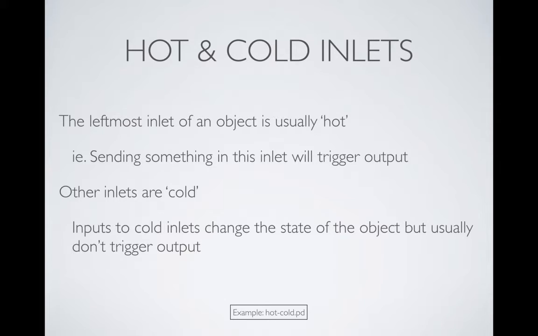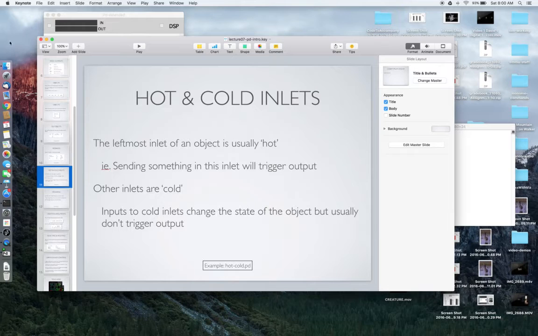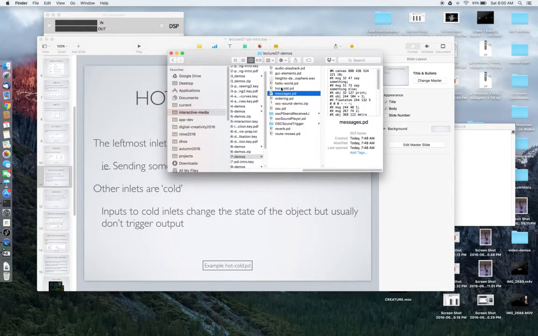Other inlets, that is, not the leftmost inlet, are generally cold, which means that if we send data into those inlets, they will do something to the object, they'll change its state, but usually by convention, they don't trigger output. So again, an example is probably the best way to demonstrate this.